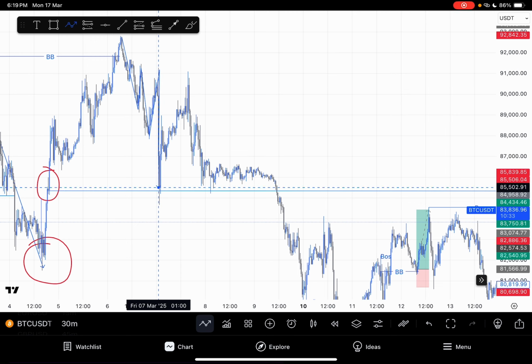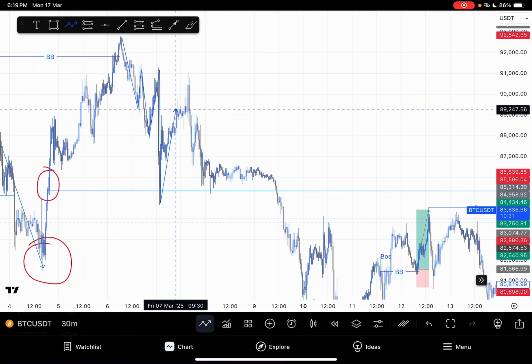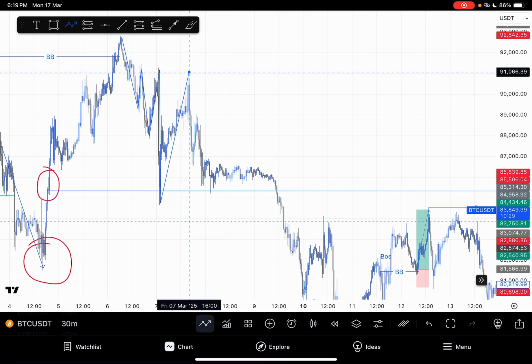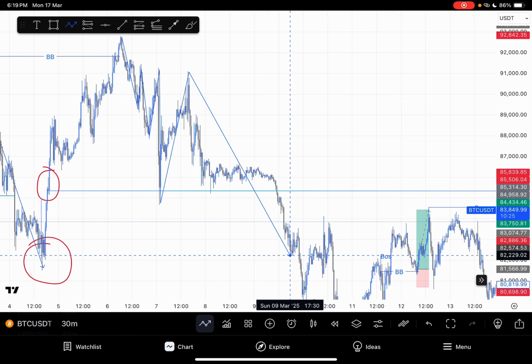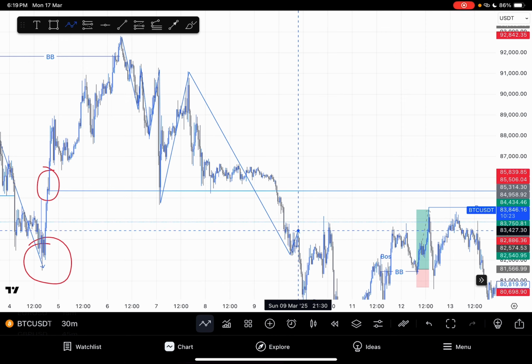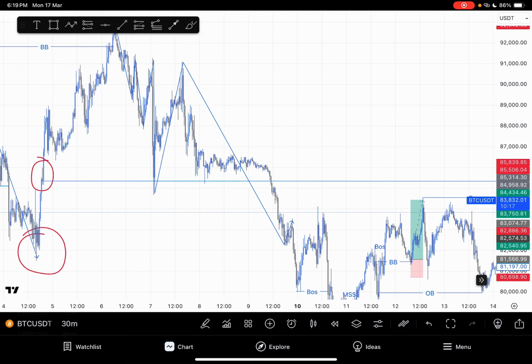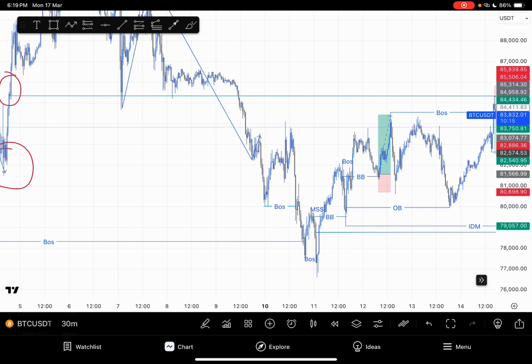So you just have to keep following the trend. Don't just ignore everything else price is doing, and follow just the trend. Once you follow the trend, it will serve as a guidance, because each time you trade against the trend, you will always get stopped out.